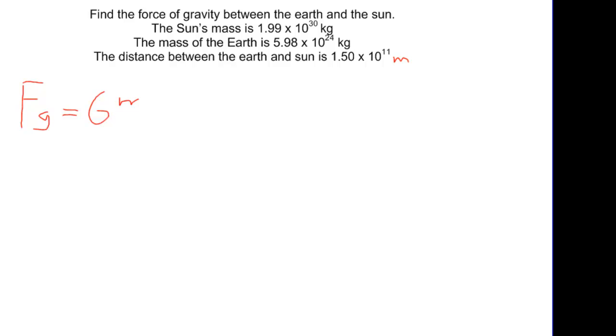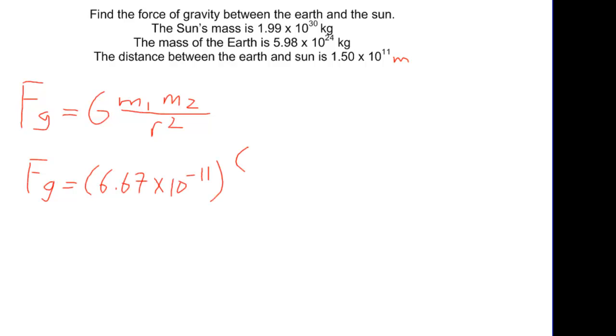So G, M1, M2 over R squared. F of G, 6.67 times 10 to the negative 11. M1, doesn't matter which mass we use as 1. I'll use the sun since it's the first one listed.